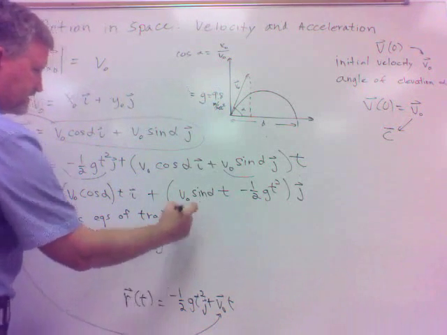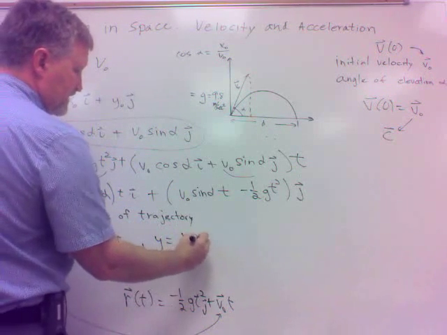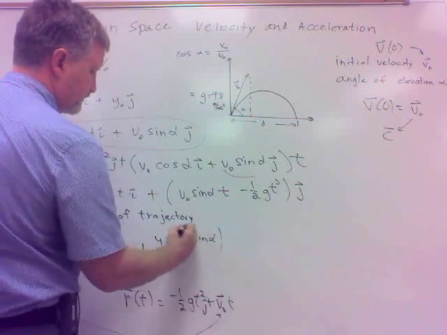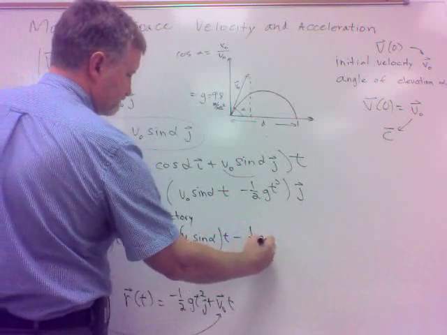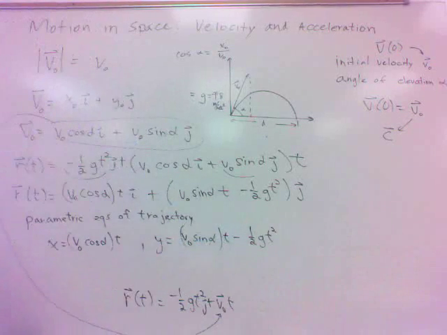And then the y is this, v0 sine of alpha times t minus 1/2 gt squared. Okay?